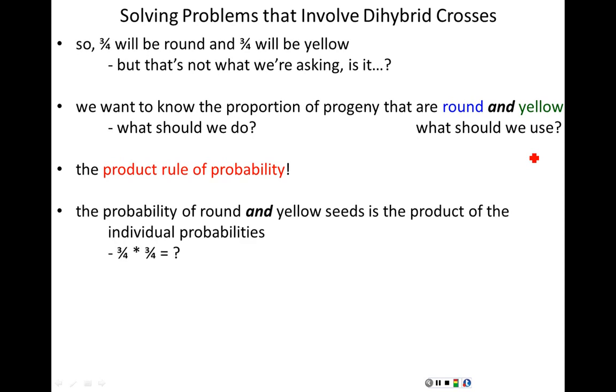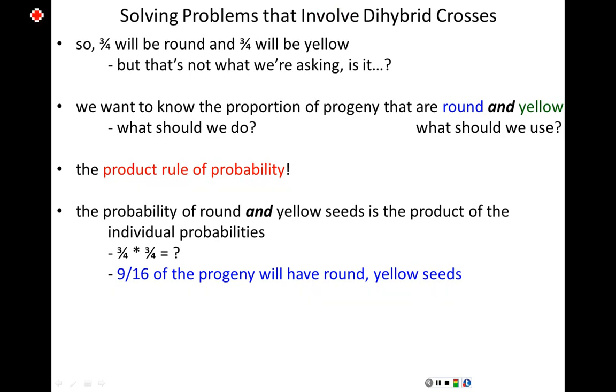3/4 times 3/4, which is, remember, when you multiply fractions, you multiply the tops and you multiply the bottoms, 9/16. 3 times 3 is 9. 4 times 4 is 16. 9/16 of the progeny will have round yellow seeds. What we did was we calculated the probability of just the roundness, 3/4.